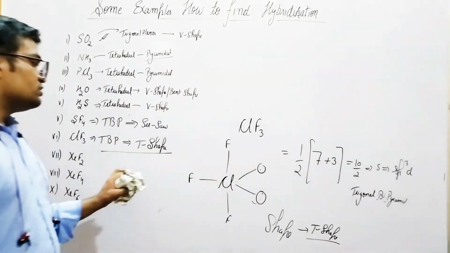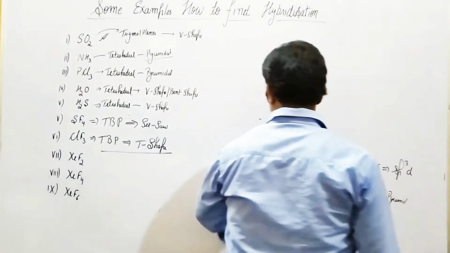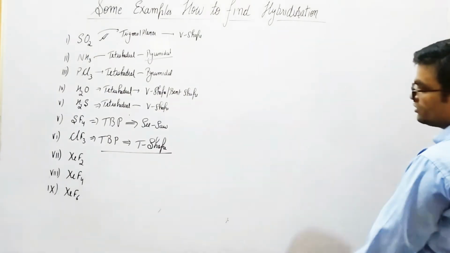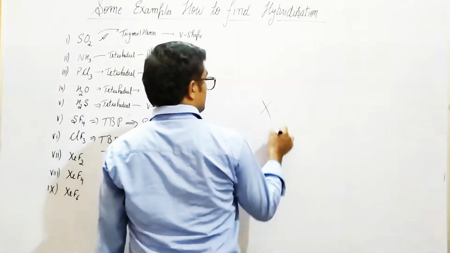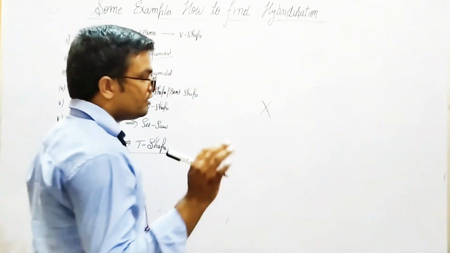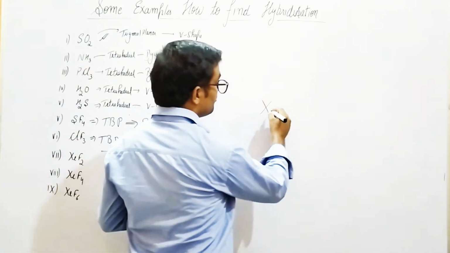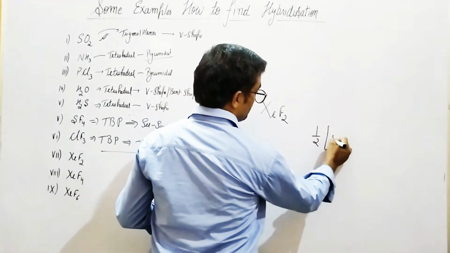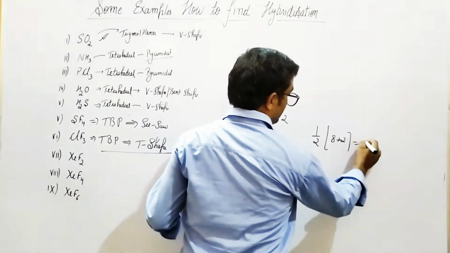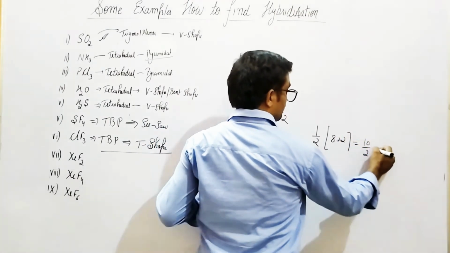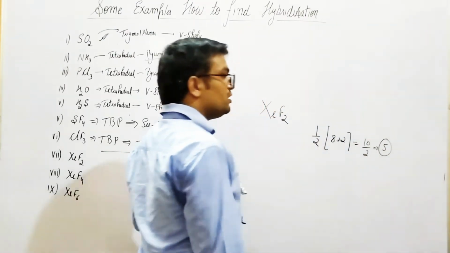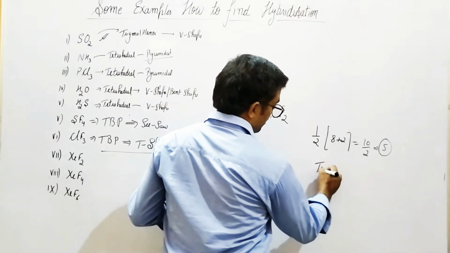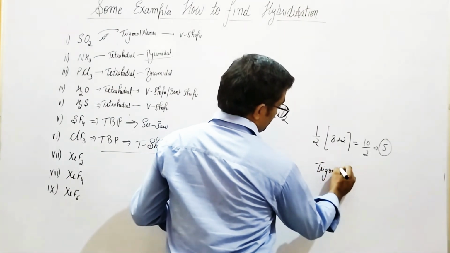Let's check xenon difluoride. We know all the noble gases have 8 valence electrons except helium. Therefore, for XeF2, half of the valence electrons are 8 plus 2, which gives 10, and 10 by 2 means 5, and the same TBP geometry, trigonal bipyramidal.